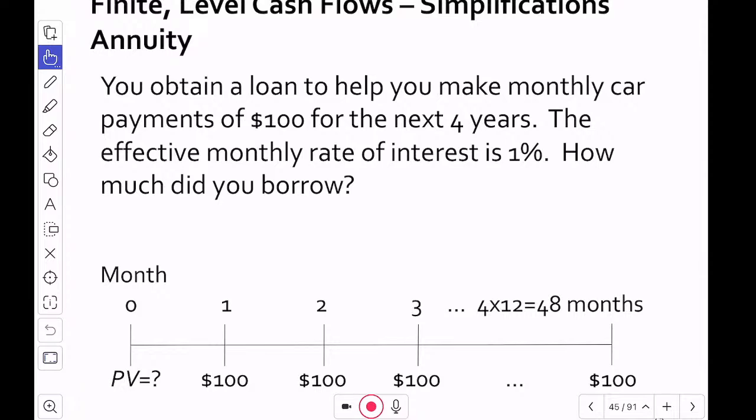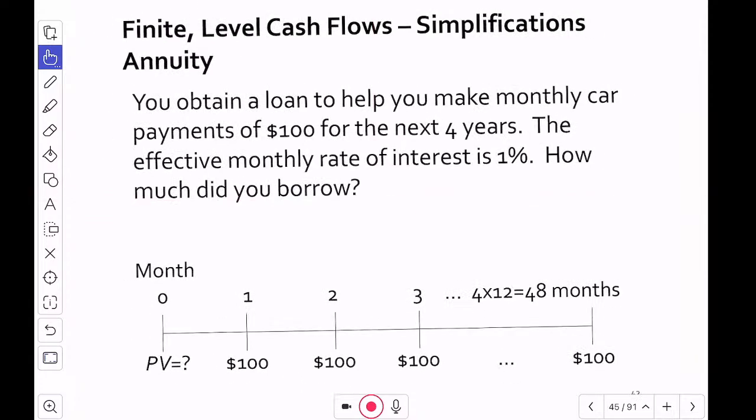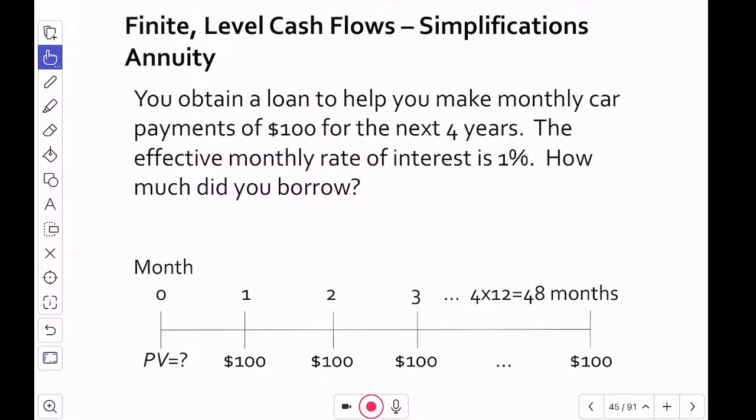If the cash flows are finite, all that changes is that we don't pay or we don't receive payments indefinitely, okay?